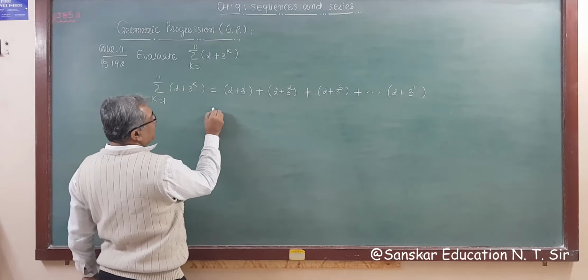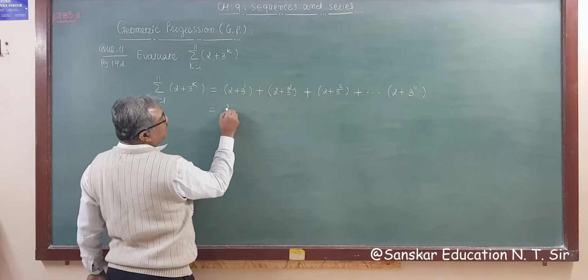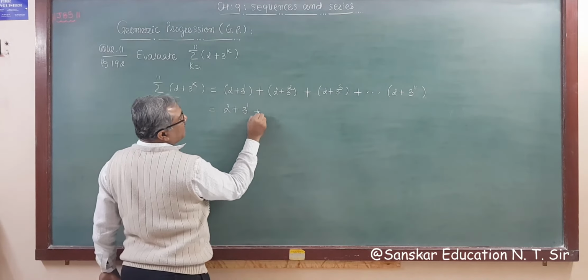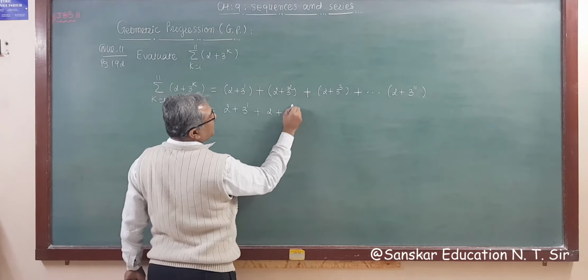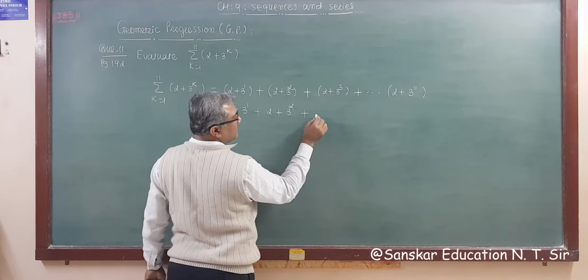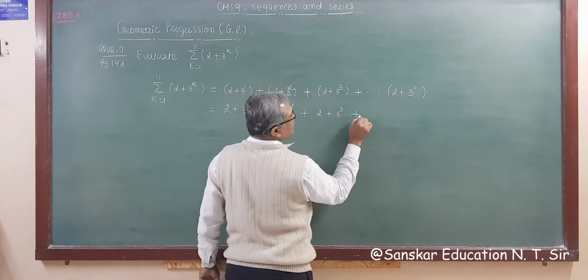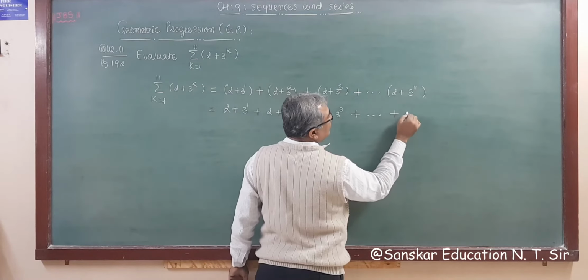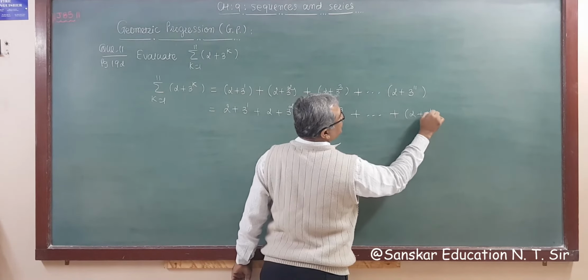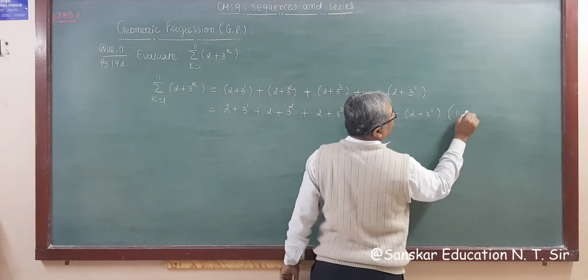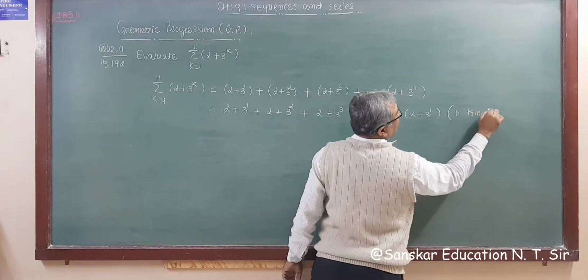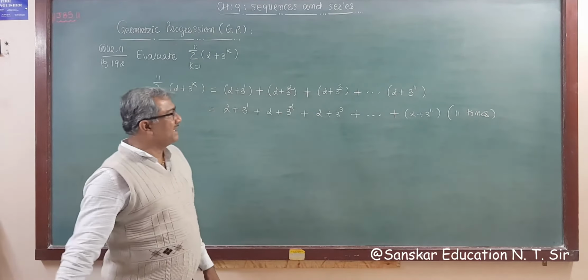So in 11 brackets what we get? This is 2 plus 3 raised to 1 plus 2 plus 3 square, right? Plus 2 plus 3 cube plus this plus this is 2 plus 3 raised to 11. This whole thing will be 11 times.